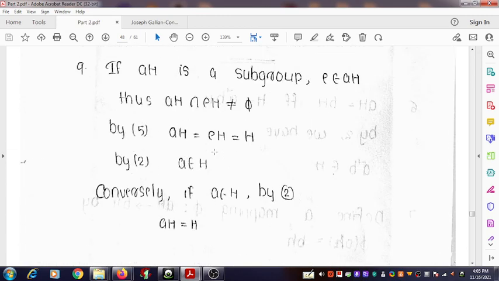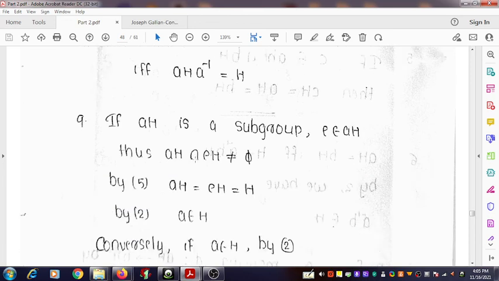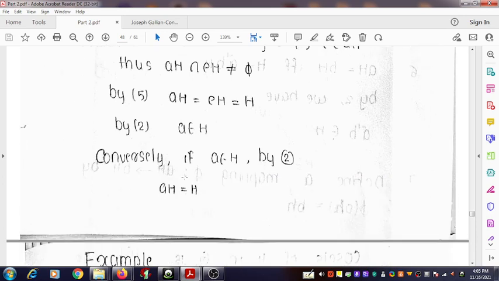So these are the properties of the left coset. Also, one important thing is that you can write the same properties for the right coset.